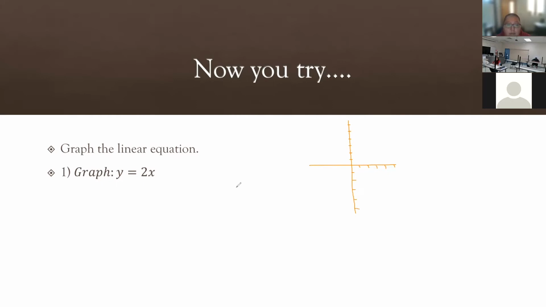So the best way to do this, you can create a t-chart. So you can go x, and then over here is going to be your y. You can do 3 points. 2 is the minimum because we're trying to graph a line.